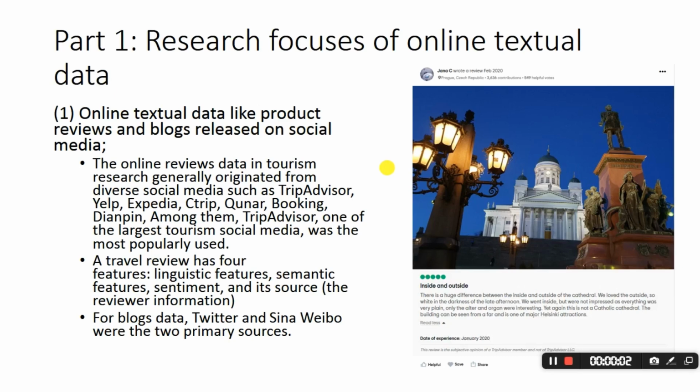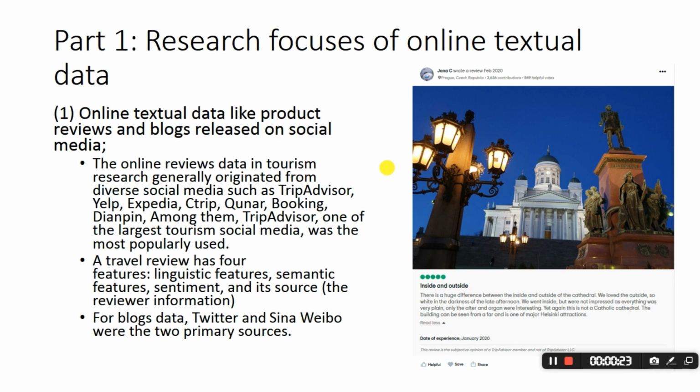Everyone. As I mentioned above, in this slide, I will focus on user-generated content data in tourism research. One of the important user-generated content data is online textual data, including travel reviews and blogs.